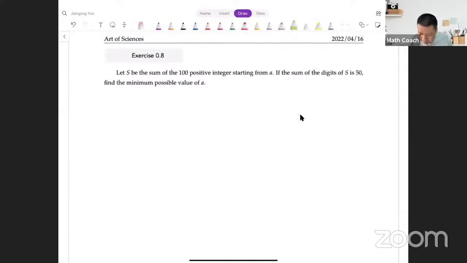All right. So for this question, how do we solve that? After 37, I still see correct answers from 42, 80, 42, 50, as well as 60, 59, and 65. Okay, so the 100 positive integers starting from A, we can denote that, right?